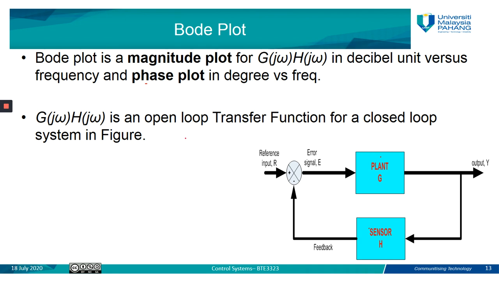And usually in the Bode plot, we are going to use j omega instead of s. So instead of saying G of s equal to blah blah blah here, we are going to say just G of j omega, because our focus will be more on the frequency of the system rather than considering the s operator in general.